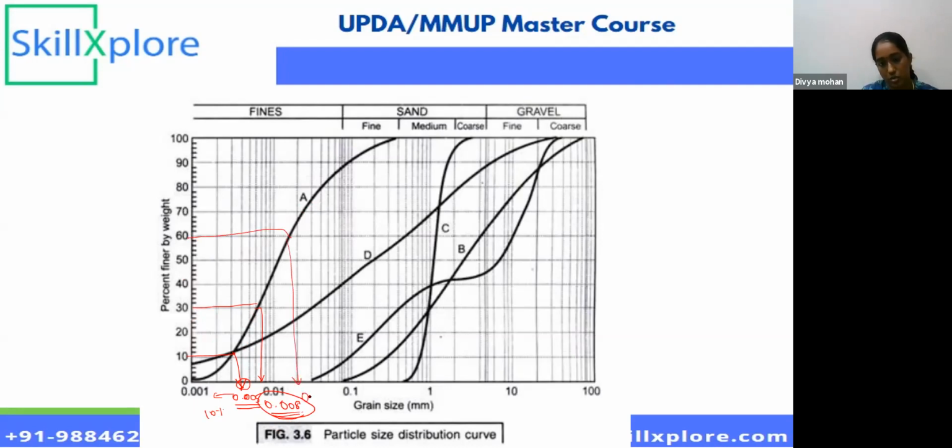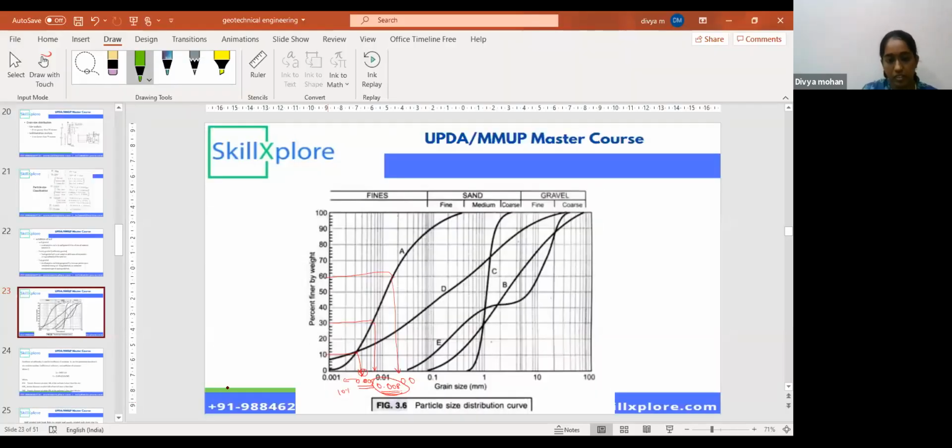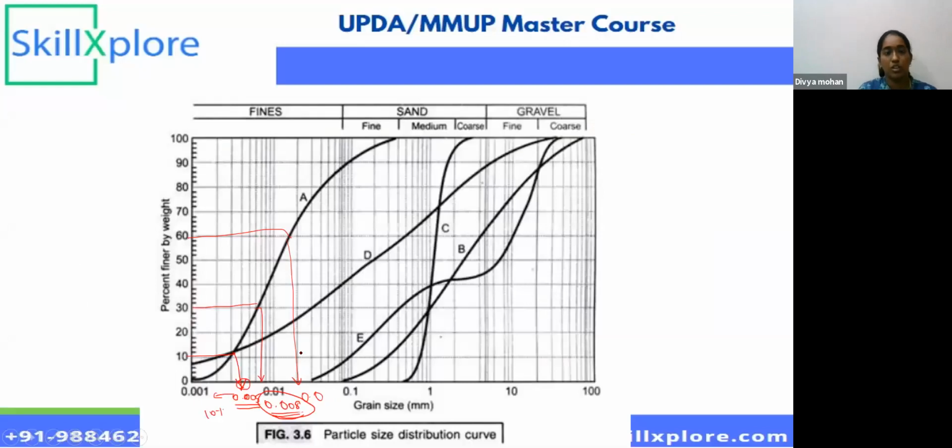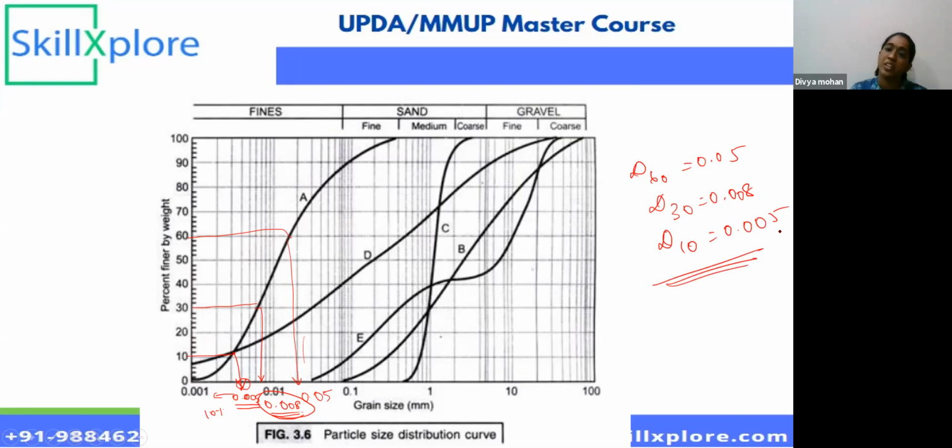I'll take it as 0.05. So here D60 is 0.05, D30 is 0.008, D10 is 0.005. By these values we can find out the coefficient of curvature and coefficient of uniformity.